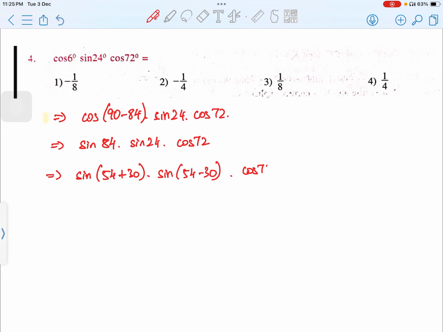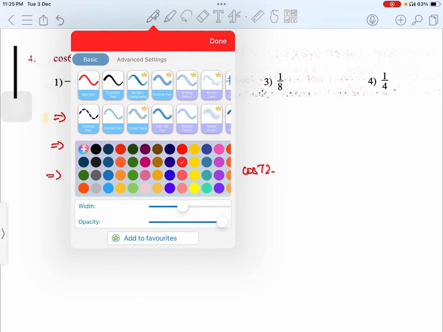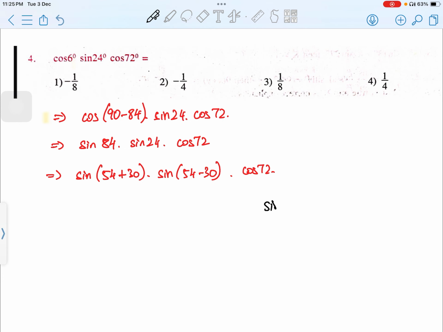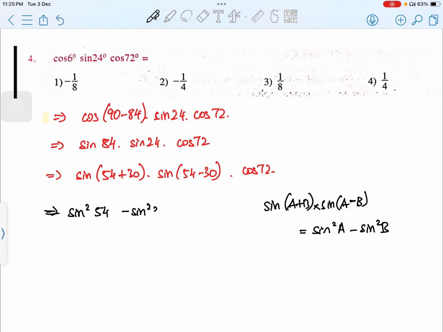One special case is this. We have one special formula for this: sin A plus B into sin A minus B. In this transformation we studied only multiplication of angles. This will be sin square A minus sin square B. So when you use this, you will get sin square 54 minus sin square 30 into cos 72 degrees.